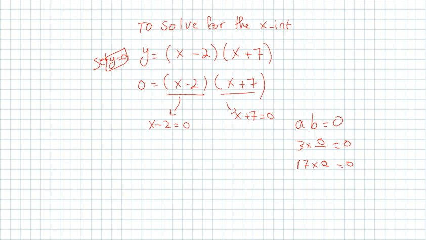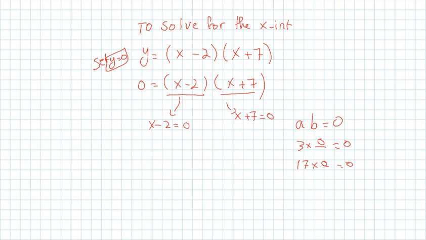Okay. What part are you guys not getting? Why is x plus 7 equal to 0? Because in order for this equation to equal 0, either the x minus 2 or the x plus 7 has to equal 0. It's like when I was saying here, a times b is equal to 0.